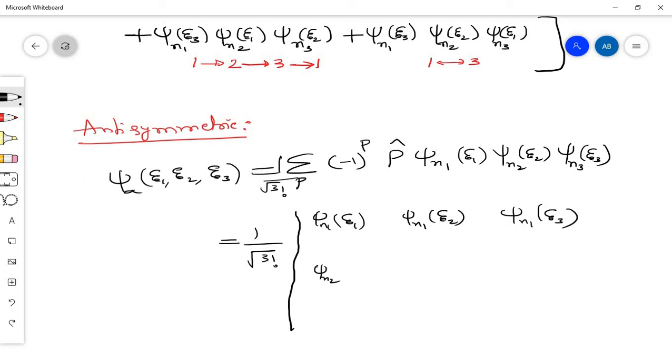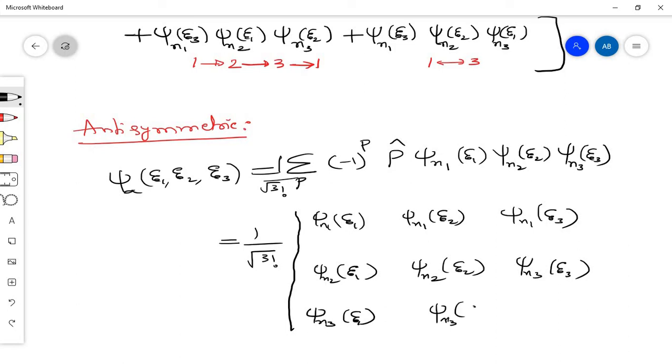Next, psi n2 e1, psi n2 e2, psi n2 e3. Next, psi n3 e1, psi n3 e2, psi n3 e3.